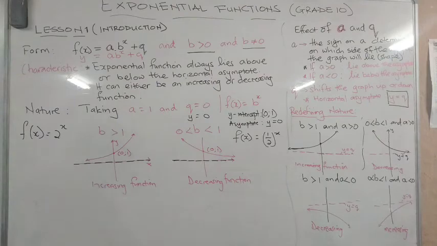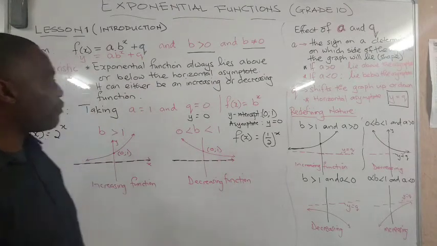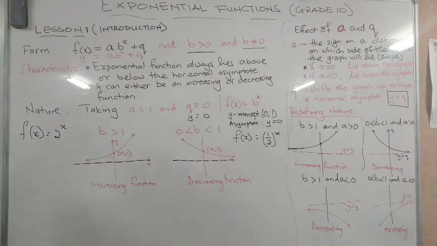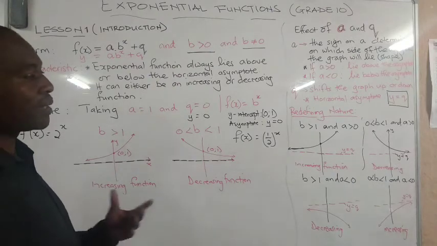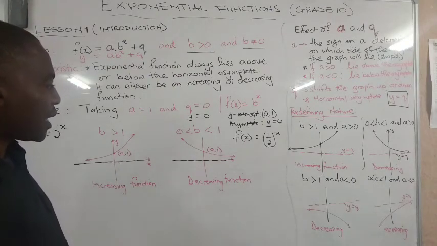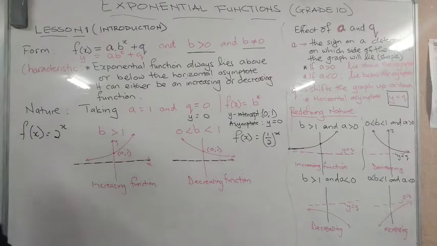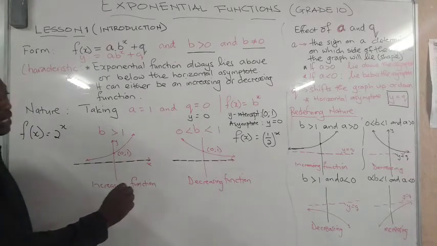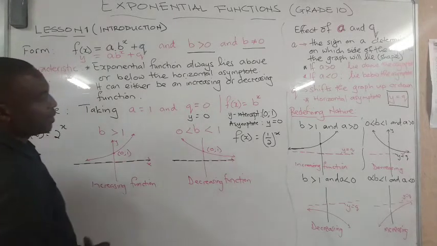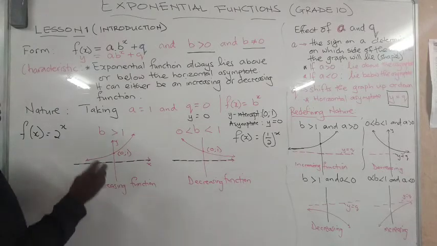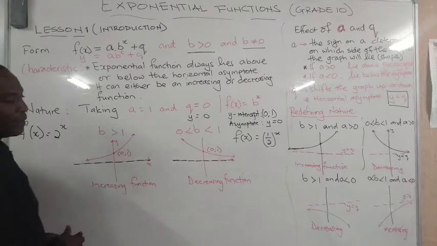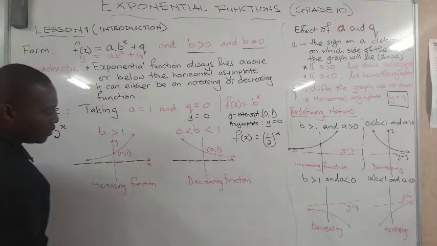So we need to understand this before we go on to do the actual examples on drawing the graphs. And also, let's relate some of the concepts used in this topic to exponential functions.